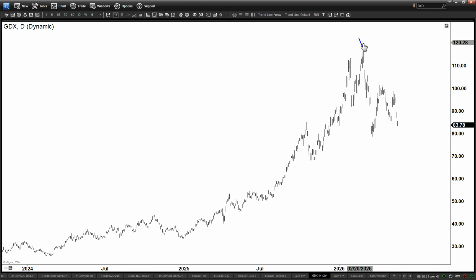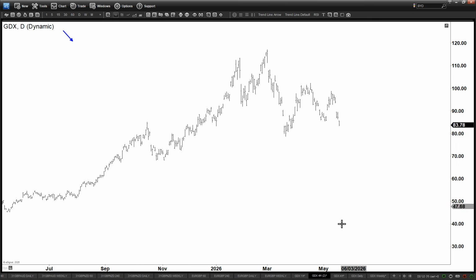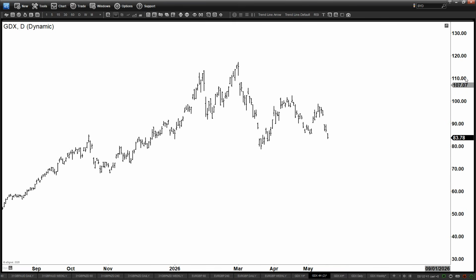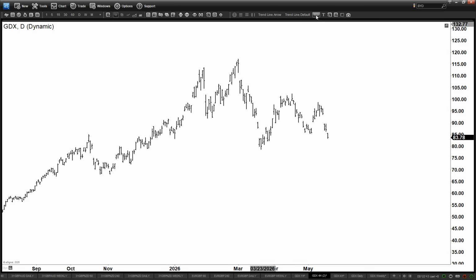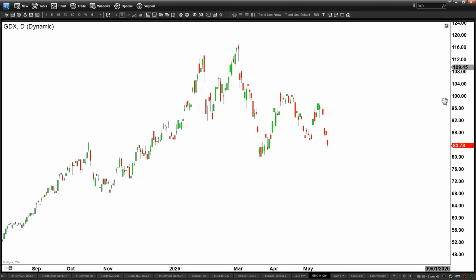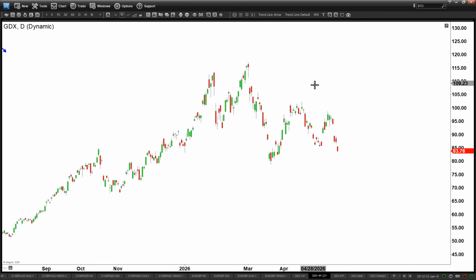Now if you take a look at this daily time frame, you see this pullback here. If I go to the details here, let's say candlestick, you can see that it looks to me more like 3 waves rather than 5 waves down. Specifically, it looks like 3 waves to me.